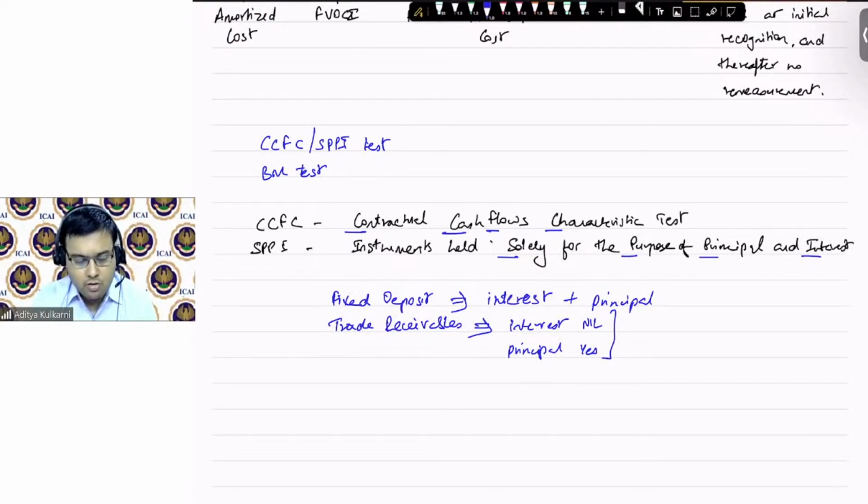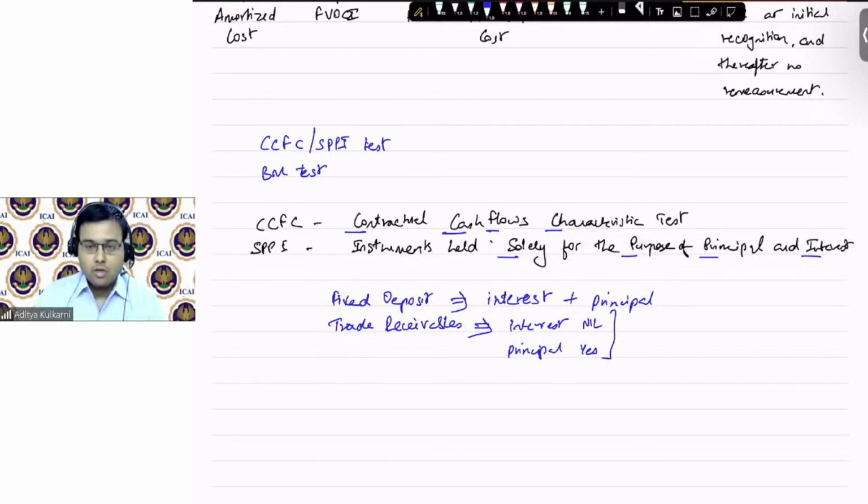Now we move on to understanding what you should look for when you are answering the question whether the CCFC test is passed or whether the SPPI test is passed.